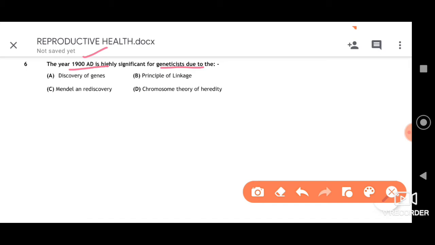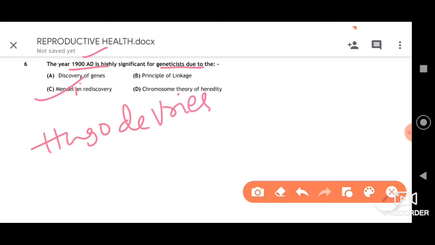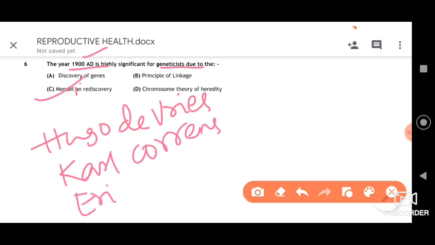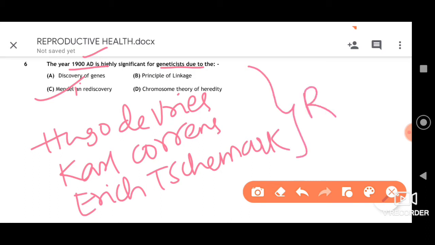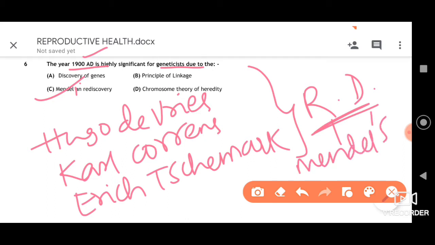Firstly, the Mendelian rediscovery took place. The three scientists were Hugo de Vries, then Carl Correns, and then Erich Tschermak. These three scientists independently rediscovered Mendel's work, my dear friends.